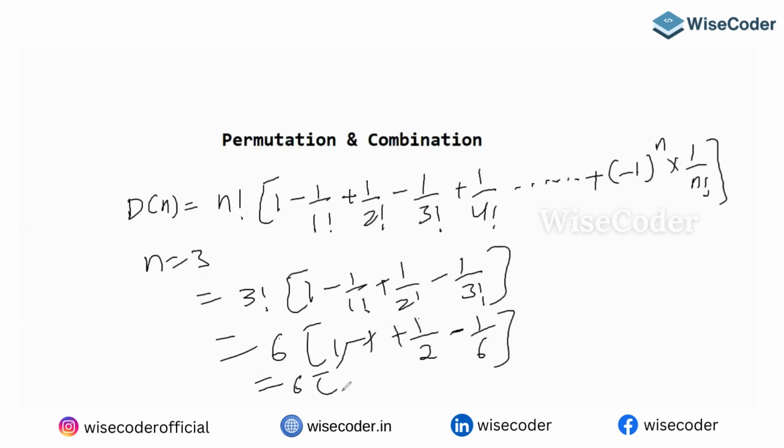If you calculate this, 1 by 2 minus 1 by 6: 6 is the LCM, 2 goes 3 times, so 3 minus 1 by 6, into 6. So 6 is going to be cancelled. 6 minus 1... sorry, 3 minus 1 is 2.